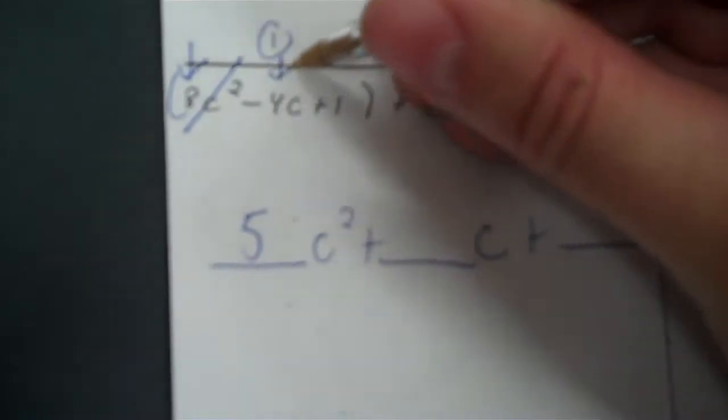So c to the seconds, I've got the 8 and the negative 3. 8 plus negative 3 is 5. Regular c's, I have a negative 4c and a positive 1c. So I add negative 4 plus 1, that's negative 3.